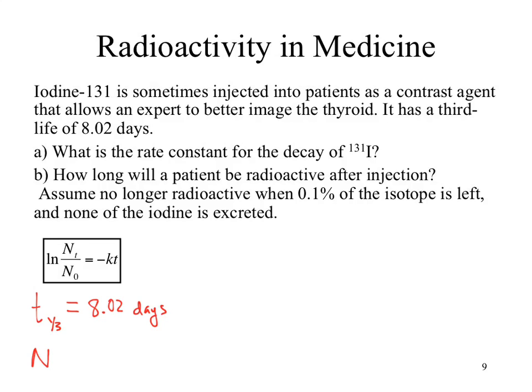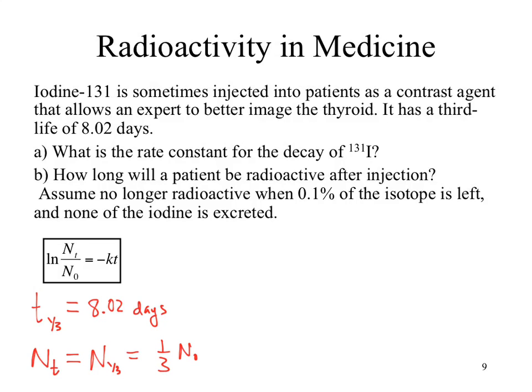As far as notation goes, we could say N sub t, where t is our third life, so I would call this N sub 1/3. What do I know at the third life about that concentration or that number? What's that? It's 1/3 of the original, N sub 0. That is the definition of a third life.